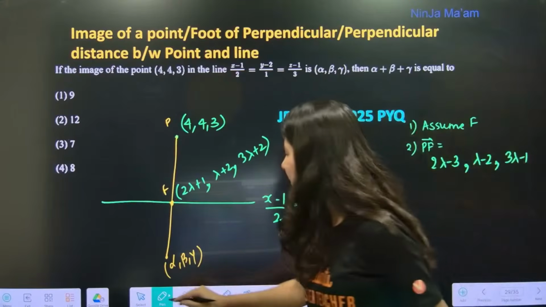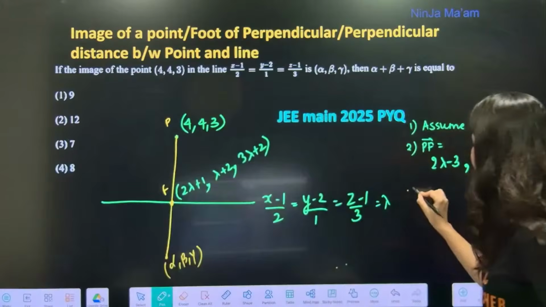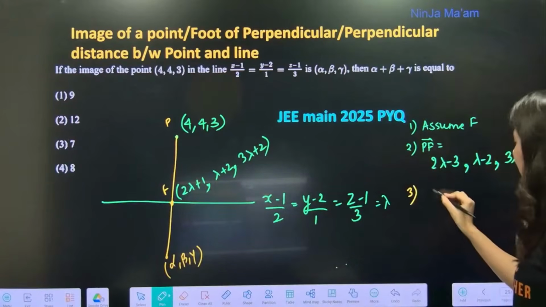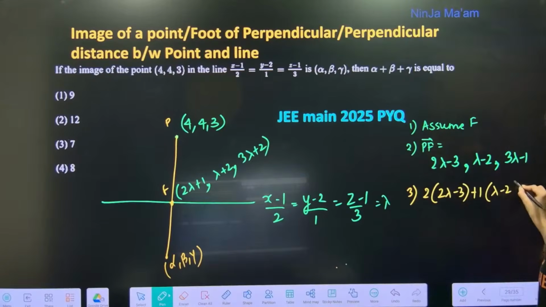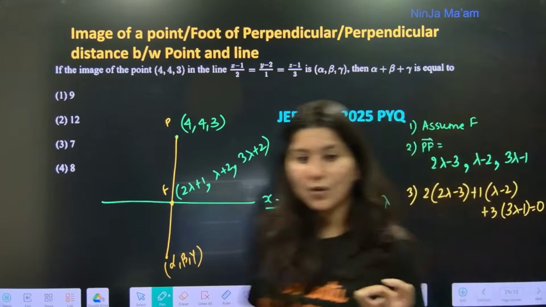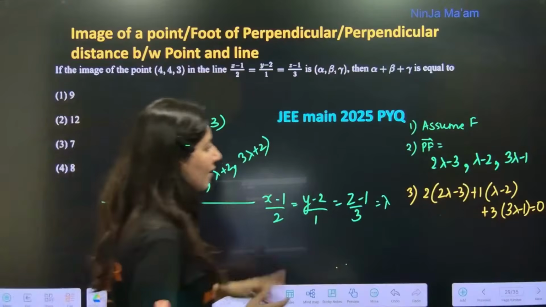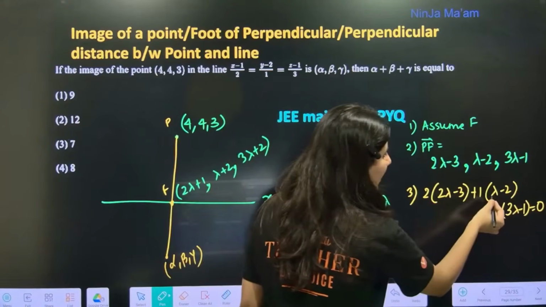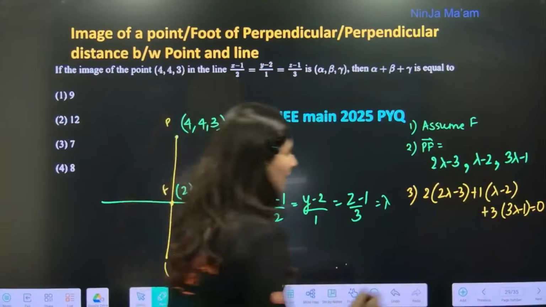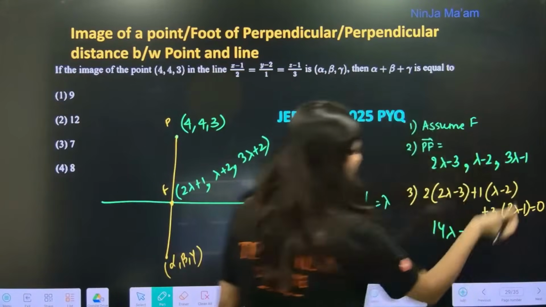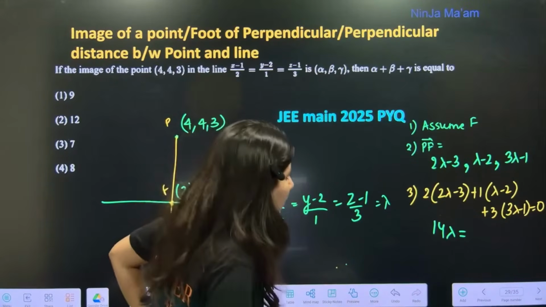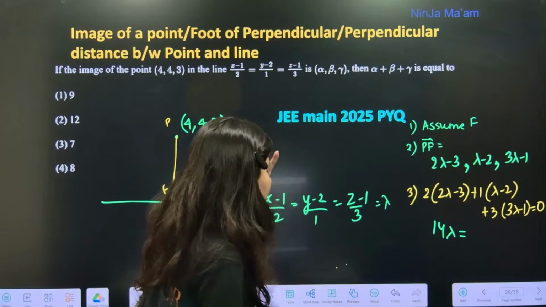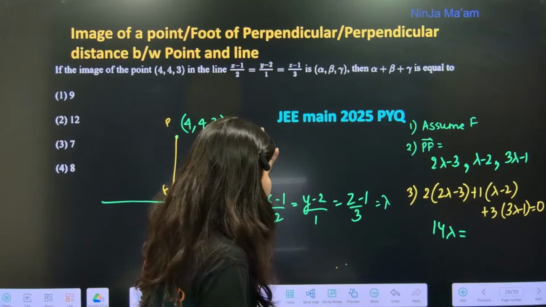Now just multiply it with what? Third step, PF vector dot (2, 1, 3). So the dot product 2 lambda minus 3 plus 1, lambda minus 2 plus 3, 3 lambda minus 1, and that will give you 0. Step 3 will give you the value of lambda. 4 lambda plus lambda plus 9 lambda, 14 lambda, and the constants 6, 2 and 3 give 14.